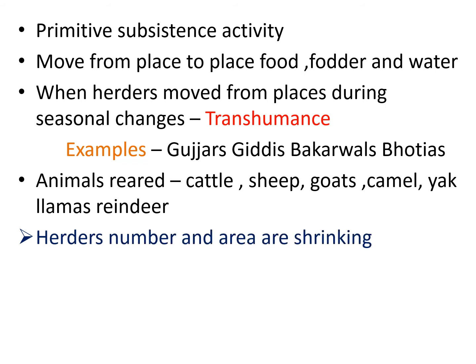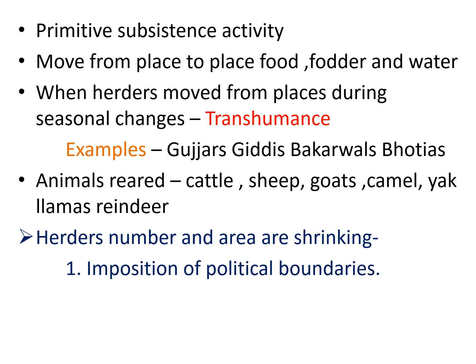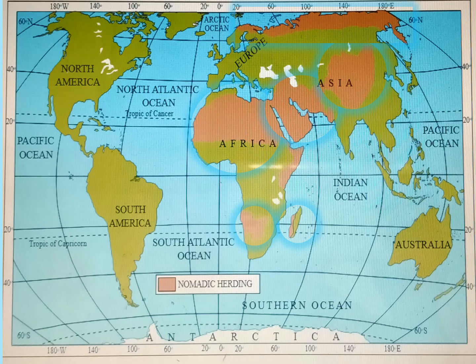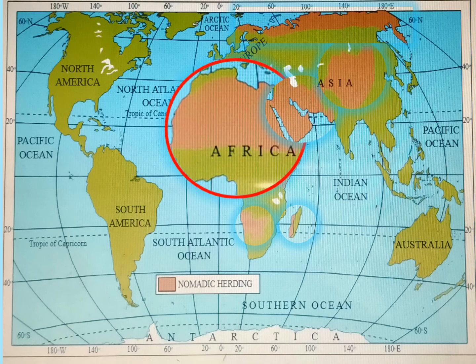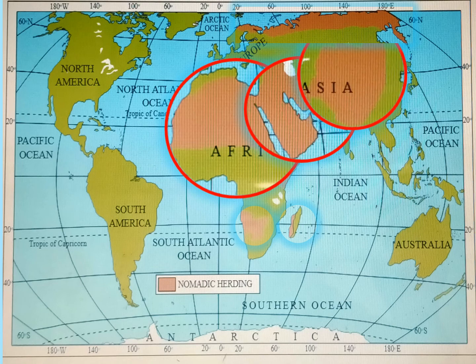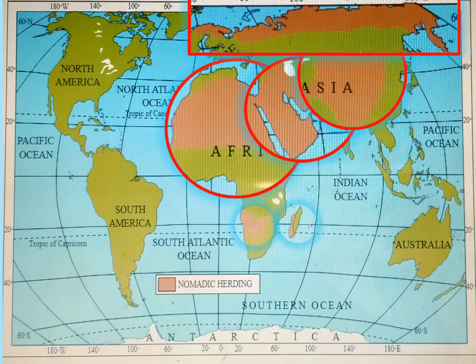Herders' number and area are shrinking because of imposition of political boundaries and new settlement plans by governments. Herding is practiced from the Atlantic shore of northern Africa eastward across the Arabian Peninsula into Mongolia and central China, the tundra region of Eurasia, and small areas in southwest Africa and Madagascar.